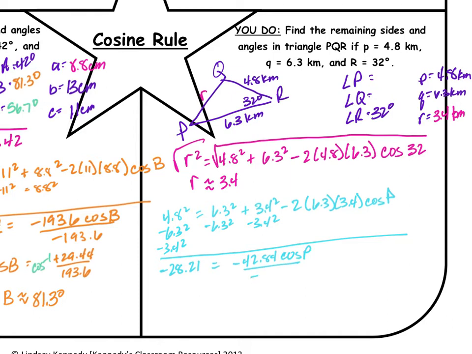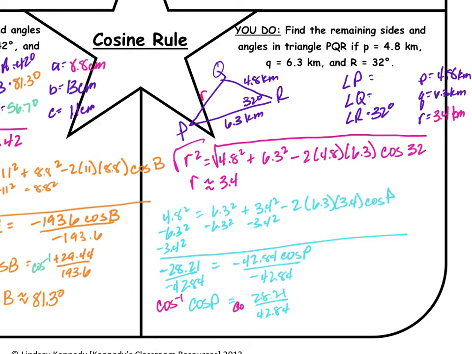So divide by negative 42.84. And I get cosine of P is going to equal 28.21 divided by 42.84. And I don't want the cosine of P, I want P, so I'm going to do the inverse cosine.